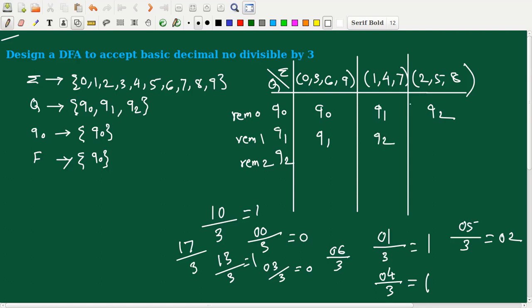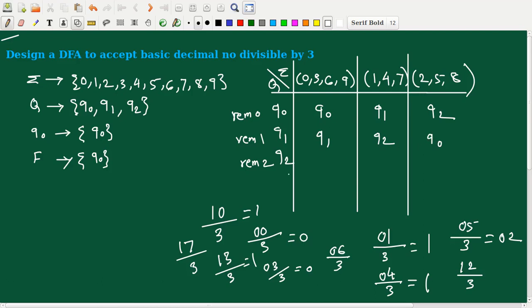Similarly, q1 with this particular set: if one representative value satisfies and gives the output, that will be applicable for the rest of the set, the total set. So q1 is already 1, I provide an input, suppose 2, it gives me 12 divided by 3, with output remainder 0, and for remainder 0 I have the state q0.